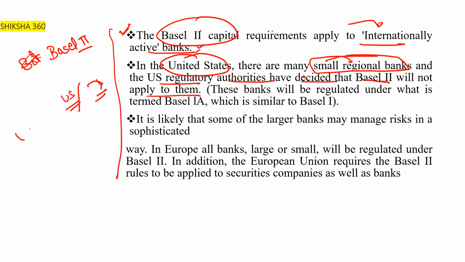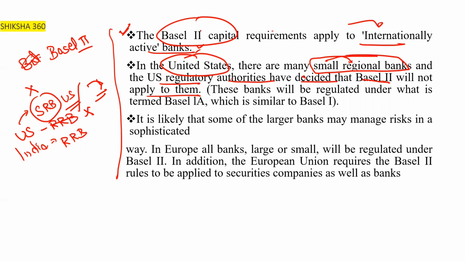Similarly, in India also, Basel II norms are not applicable to small regional banks. In India, we have regional rural banks. In the US, we have small regional banks. Like in the US, Basel II norms are not implemented on small regional banks; similarly, in India, these Basel norms are not implemented on the RRBs.